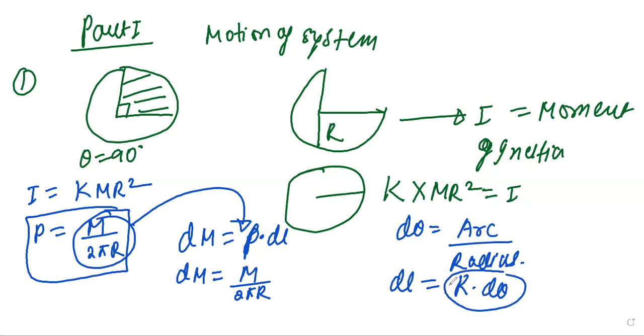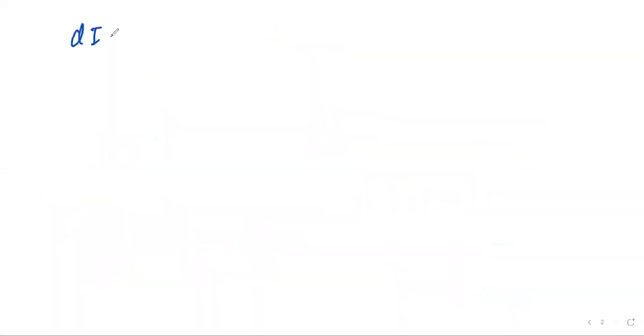So this is your dl value, right? Put it here, so it will be r into d theta. Let's see the next part. So dI, the change in moment of inertia, is dm into r square.